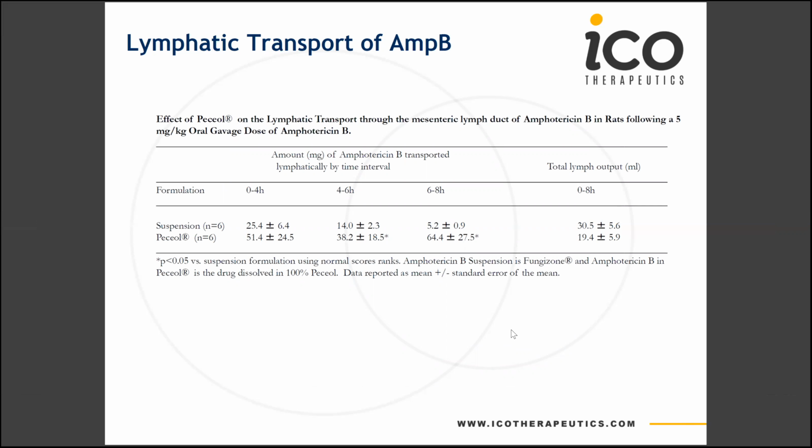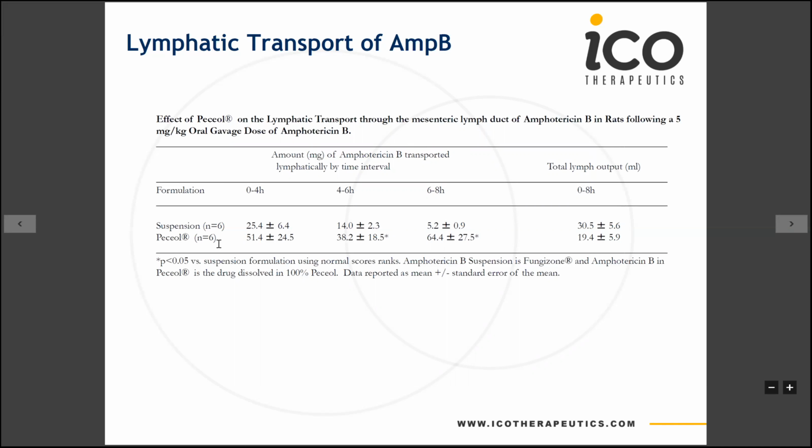This is following an oral gavage of 5 mg per kg of amphotericin B. What we're showing you here is the amount in milligrams of AMP that's transported lymphatically by time interval and the total lymphatic output. So the suspension formulation has a little bit going into the lymphatics in the first 4 hours, in the 4 to 6 hours, but by 6 to 8 hours, it really trickles down to almost none. And here's the flow that you get in that 8-hour period of time.